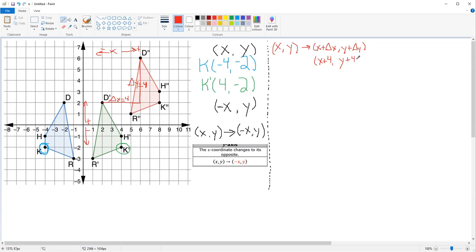Now that's all well and good, but say for instance my first transformation took this green figure off of here and put it completely off the map.